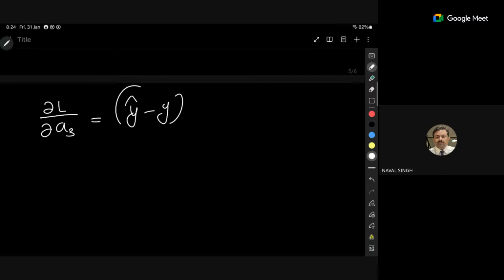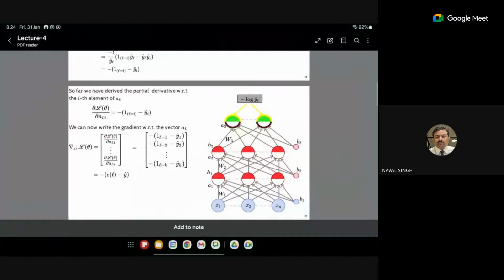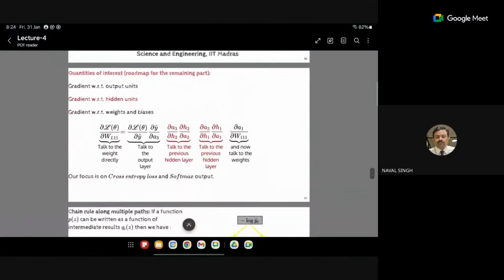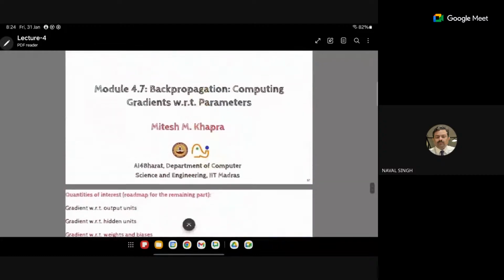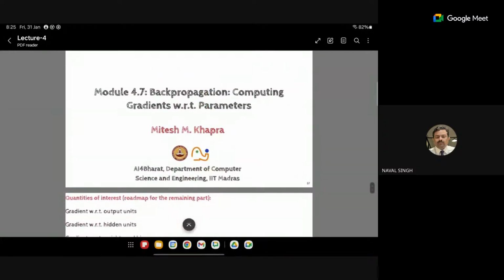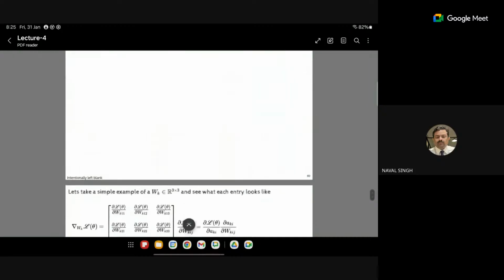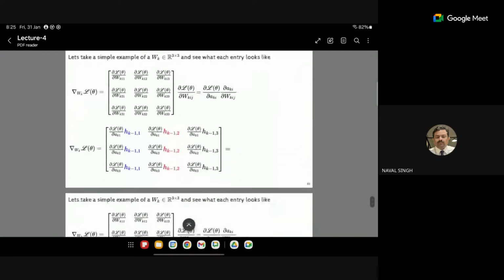Now I just need one more component, which is tau A3 by tau W3, the matrix itself, right? So what it's going to be. So it's easy if we go to this part. Okay, so now we talk about the weights. In terms of our thing, computing with respect to parameters, hidden layer and all.